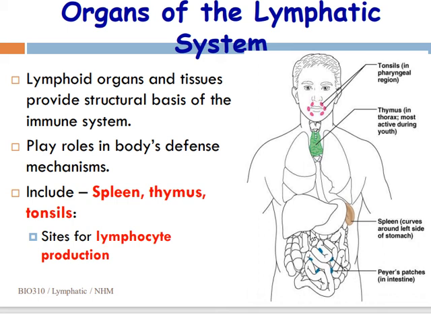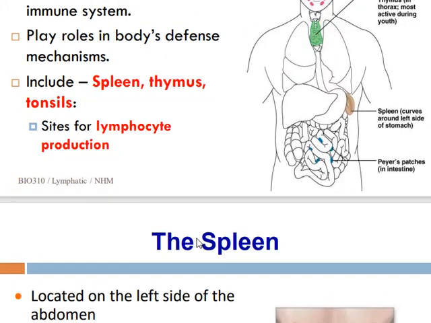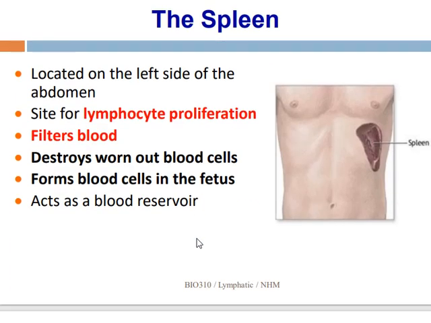The lymphoid organs and tissues help to provide the structural basis of the immune system, and of course they play a very important role in the body defense mechanism. It includes, as I mentioned earlier, the spleen, the thymus, and the tonsil, which are sites of lymphocyte production. Now let's look one by one into the lymphoid organs.